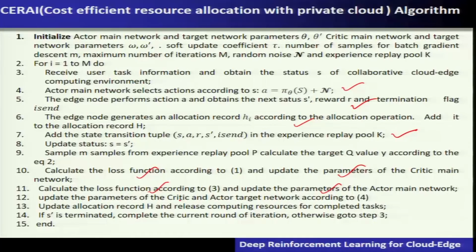Then the parameters of the critic and the actor target networks are updated, the allocation record is updated, and the computing resources are released. If S prime is terminated, we complete the current round of iteration, otherwise it goes to step number 3 again and again. That is all explained here in this approach.